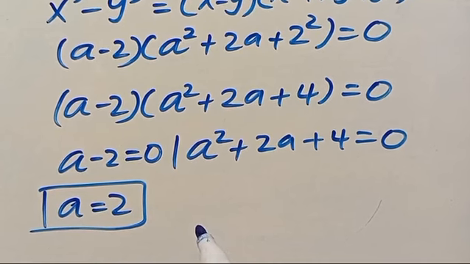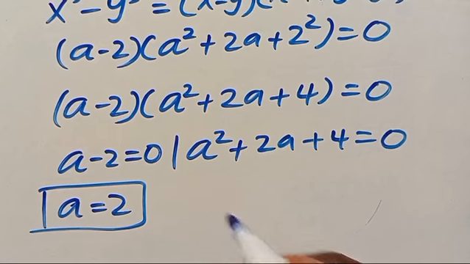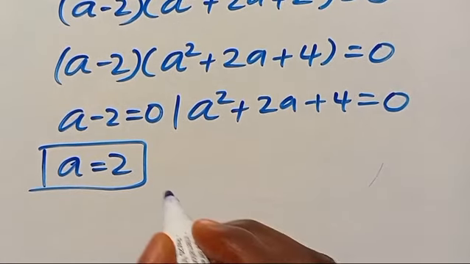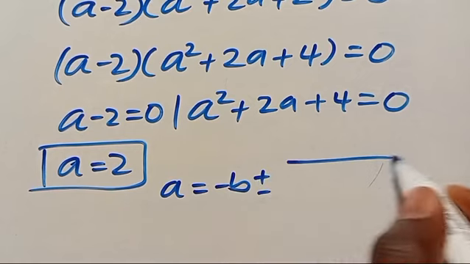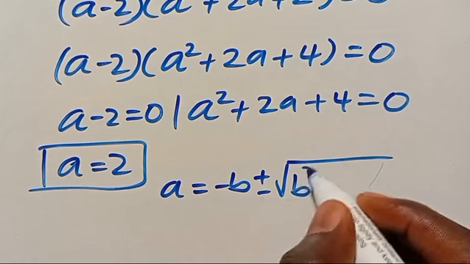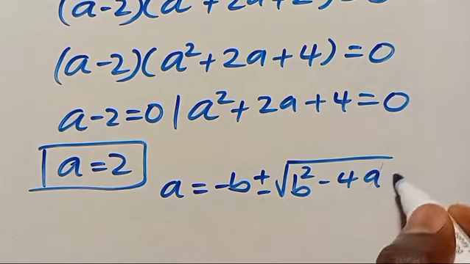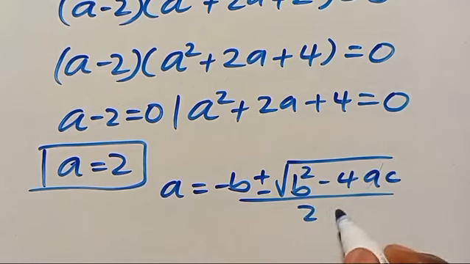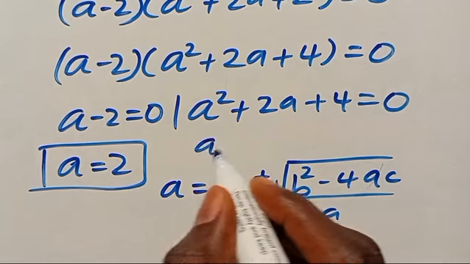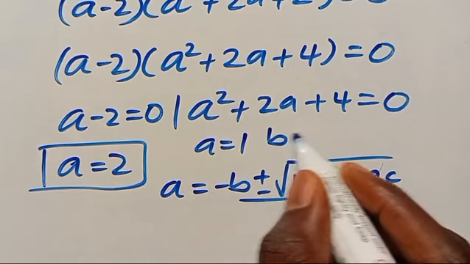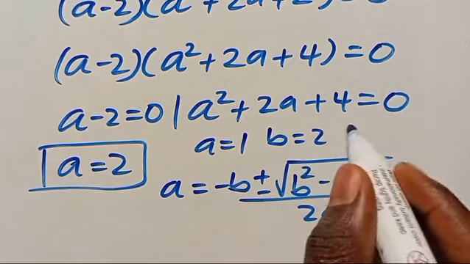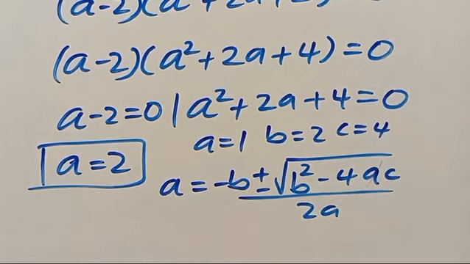Then from here also, when we apply the quadratic formula, a equals minus b, positive or negative, root of b squared minus 4ac, all divided by 2a, where parameter a is the coefficient of x squared, which is 1, b the coefficient of a is 2, then c will be 4.